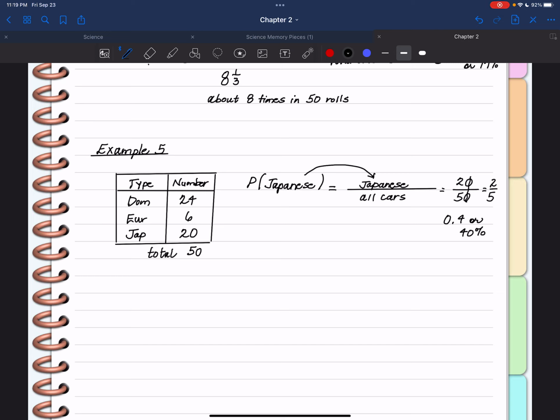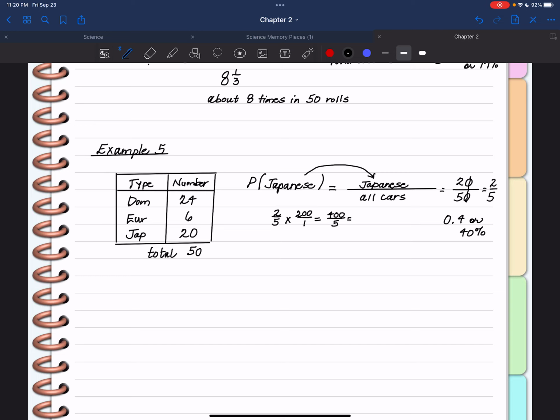Okay. So there is a 2 out of 5 chance that a Japanese car will be sold. Let's predict what that's going to be the next 200 times. So you can say 2/5 times 200. Let me just go ahead and show you that. 2/5 times 200 is going to be 400 over 5.